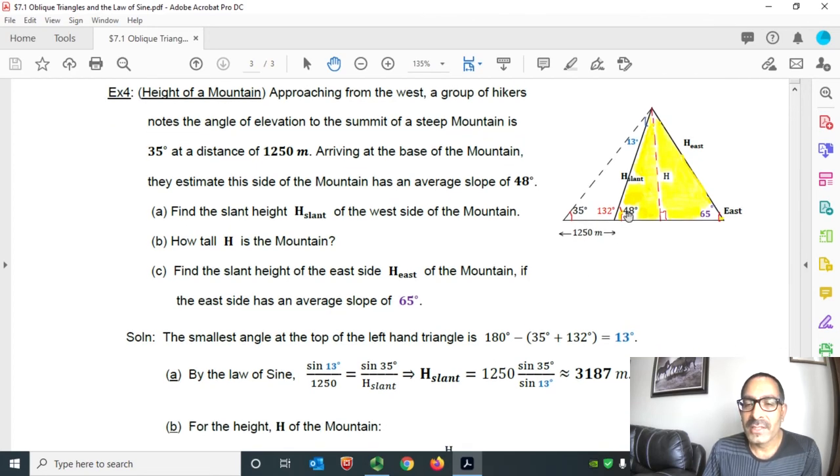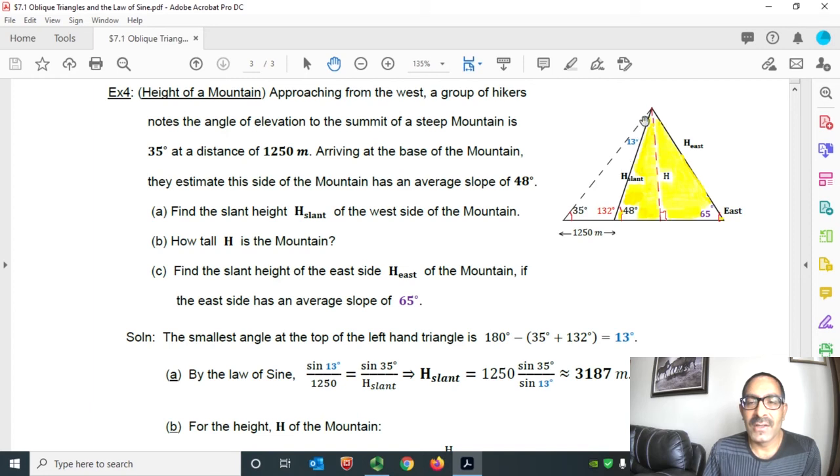By the way, this 48 degree is given to us. So 180 degrees minus 48 degrees turns out to be 132 degrees. And in this left side triangle, the sum of this tiny angle plus 132 degrees plus 35 degrees is 180 degrees, right? The sum of three angles of a triangle is 180 degrees.